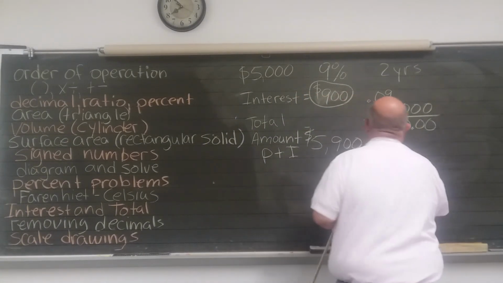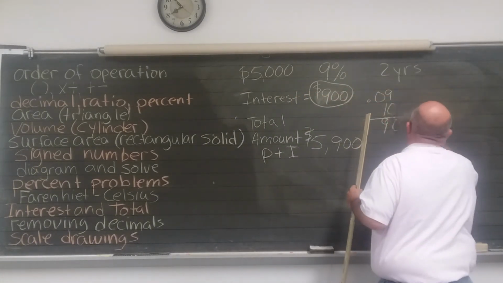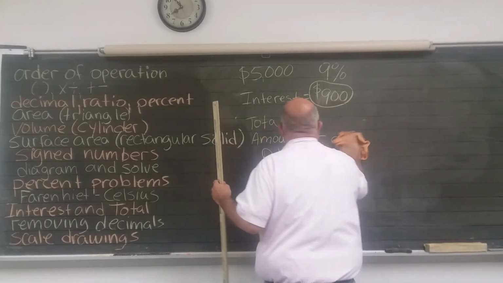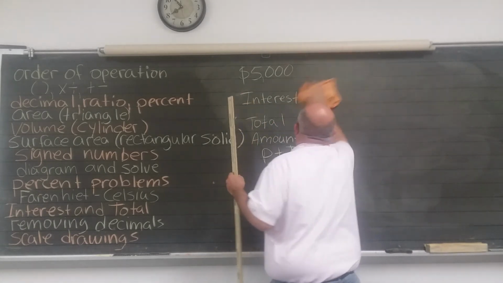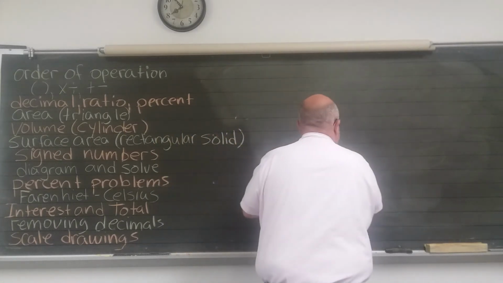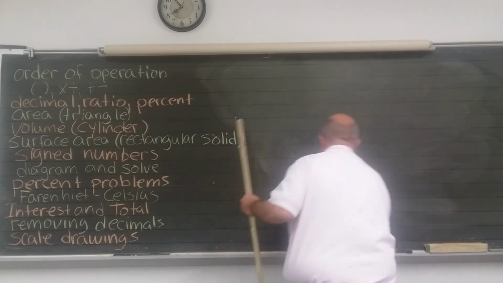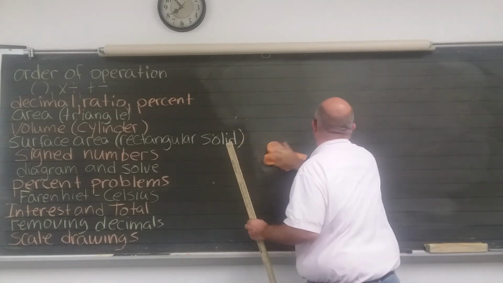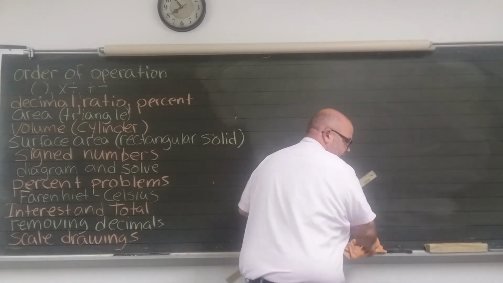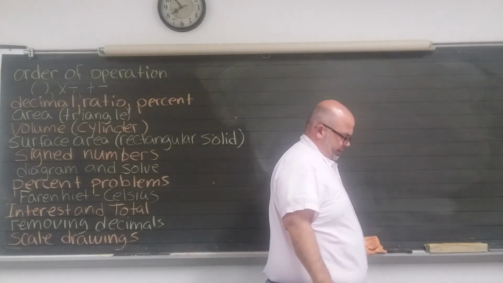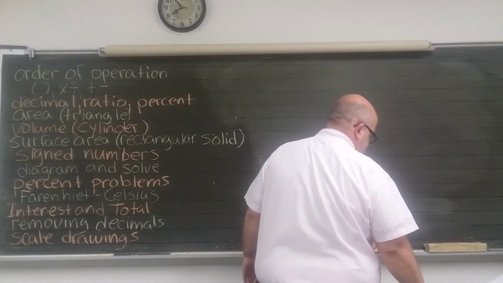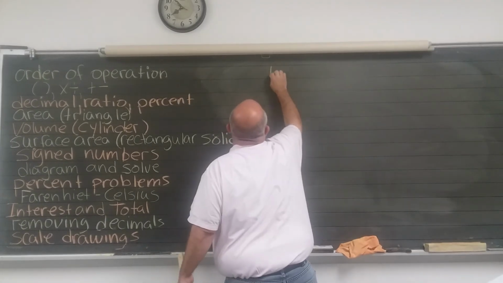One more problem on the board. Scale drawings. Where you have the actual length and width of your lot or your house or your whatever it is, all right? So let's say the length of the room is 15 feet long.